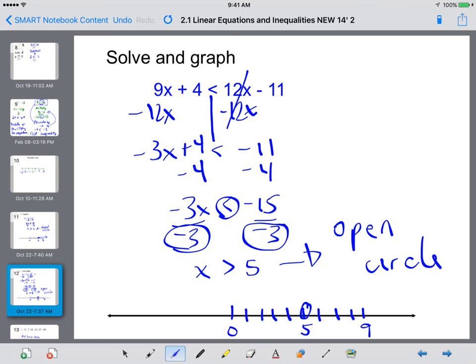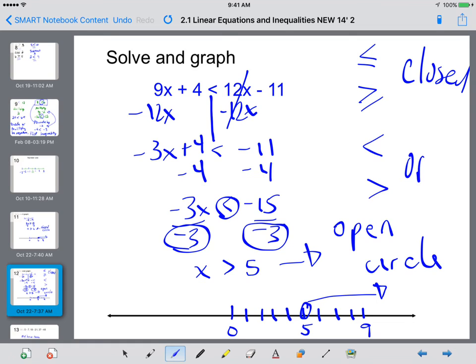And this says x is greater than 5. So is 0 bigger than 5 or is 9 bigger than 5? 9 is bigger. So remember, if you have either of these symbols, it is a closed circle. If you have this symbol or this one, it is an open circle when you graph on the number line.